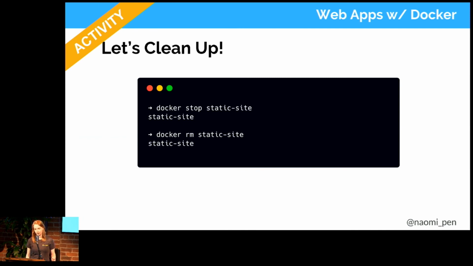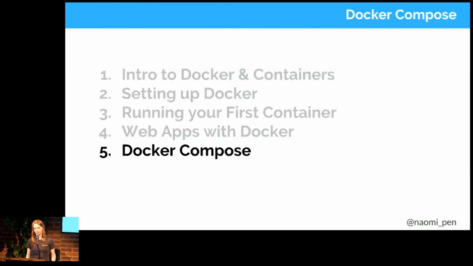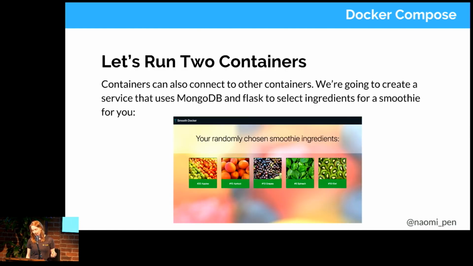Okay. Now the last bit, if you're not quite done with that yet, don't worry. We're not going to be using that in the next bit. The last bit is Docker Compose. And that is very useful if you don't just run one container, but you run 2 or more containers.